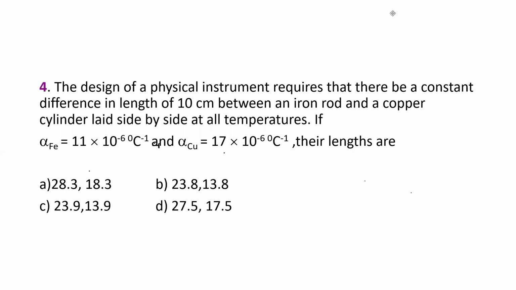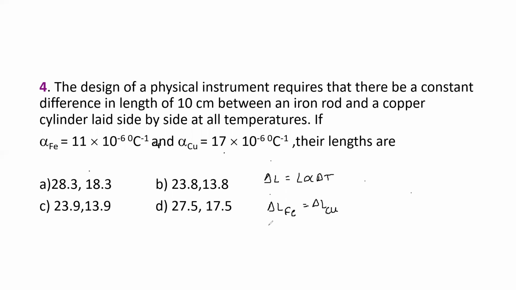So we have a relation that is given by delta L is equal to L into alpha delta T. Here delta L of iron is equal to delta L of copper.